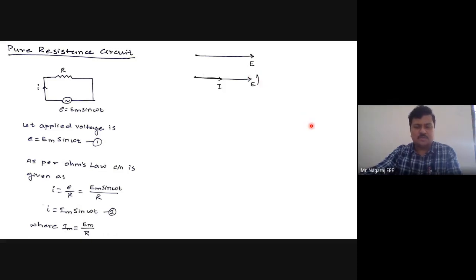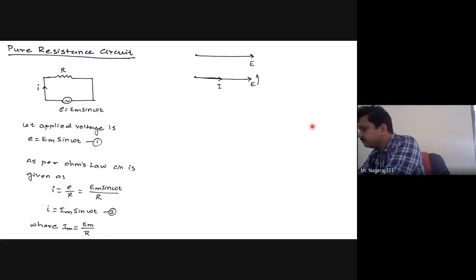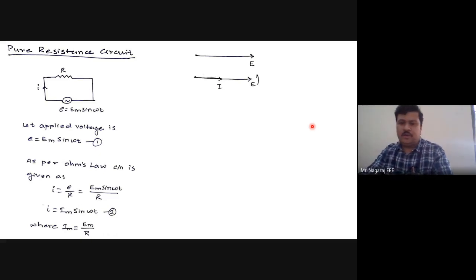So when the vector diagram has to be drawn, first I should decide what the assumed positive direction of the vectors is. By default, it is anticlockwise. So I will be drawing all the vector diagrams with respect to the anticlockwise direction.